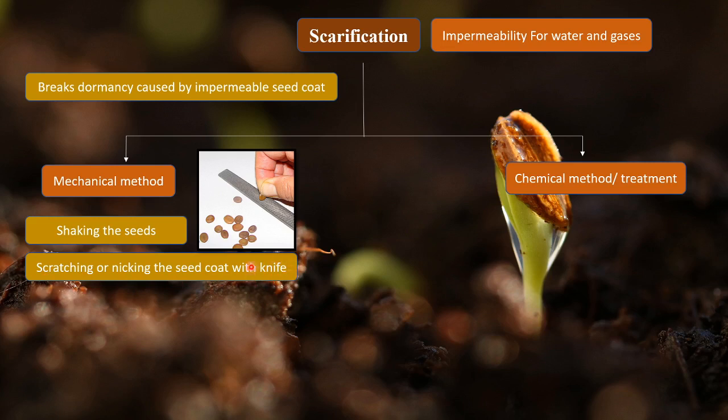It could be a knife, or it could be scratching the seed on any kind of rough surface as shown here in the figure, right? This is also a mechanical method. When you scratch the seed in this way on a rough surface, the seed coat becomes weak, right? And this can then become permeable to water and gases, correct? So this is the mechanical method.